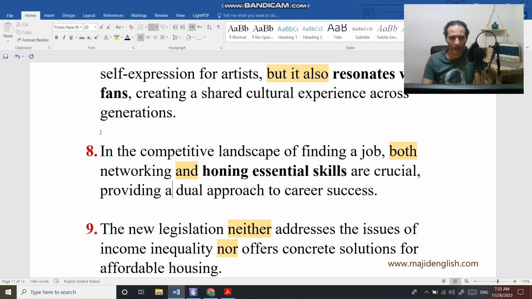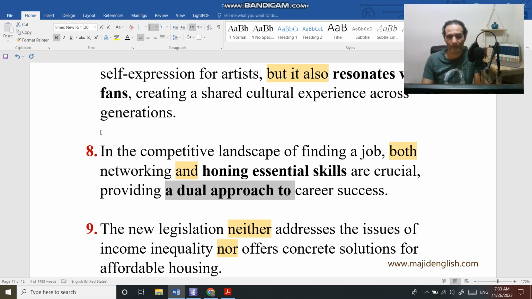A dual approach to something means a two-way approach, or something that has two functions. Dual means having two functions. So in the competitive landscape, in the competitive environment of finding a job, both networking and honing essential skills are crucial, providing a dual approach to career success.